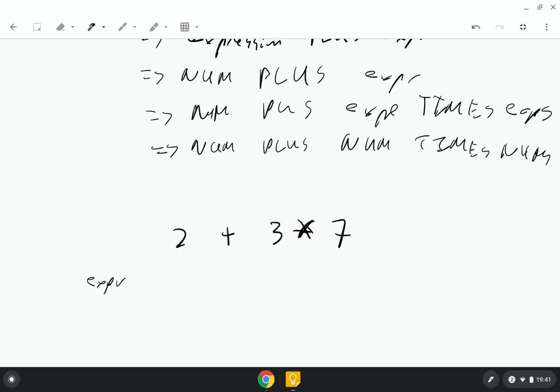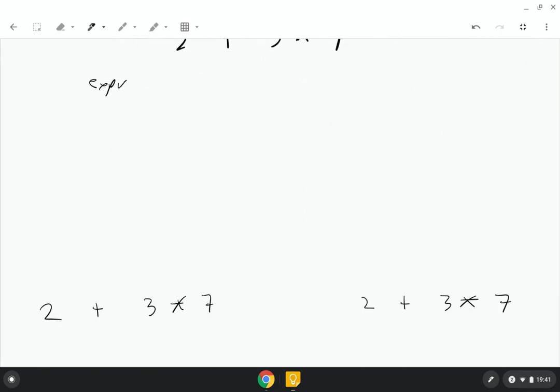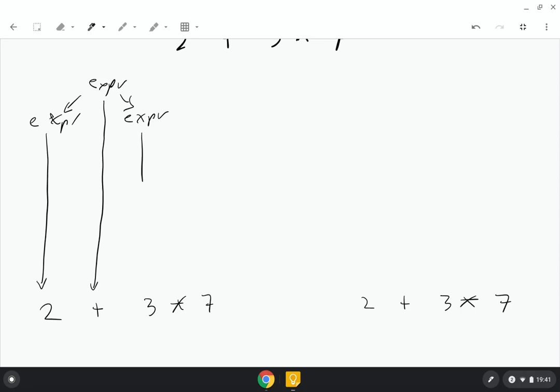So the first derivation was expression plus expression. So those are the child nodes, and I'm just going to draw an arrow directly to the token of the language. And the left-hand expression was just replaced with a number. The right-hand expression was replaced with, sorry, not replaced with num.